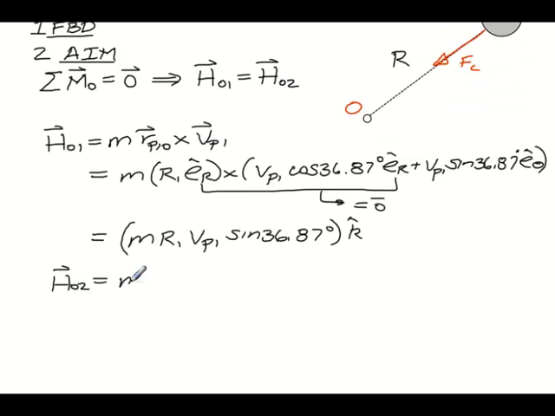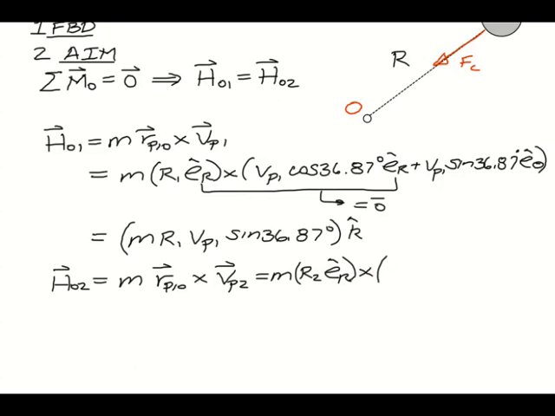HO2 is R cross MV, same thing, except we're doing this for time 2. So the R vector is this distance R2 in the ER direction, crossed with VP2.